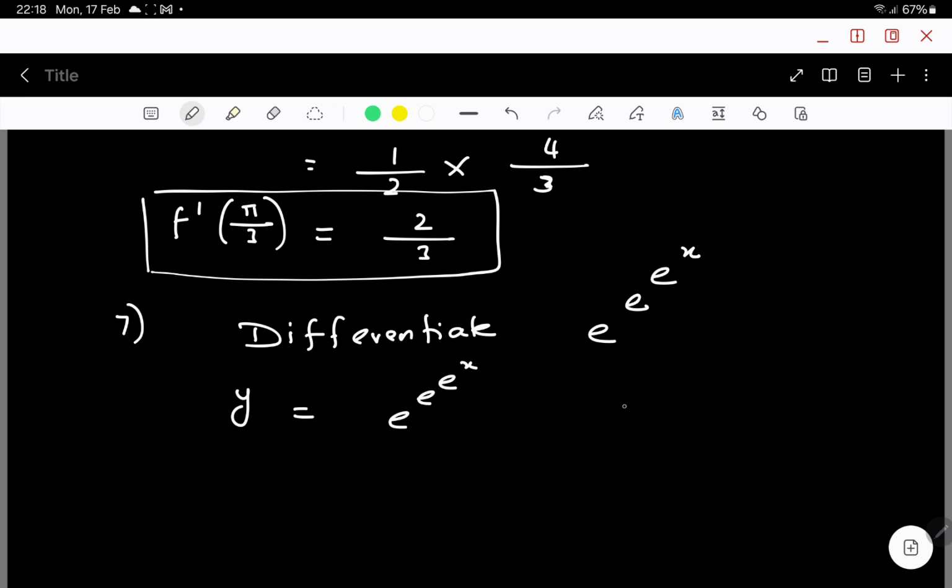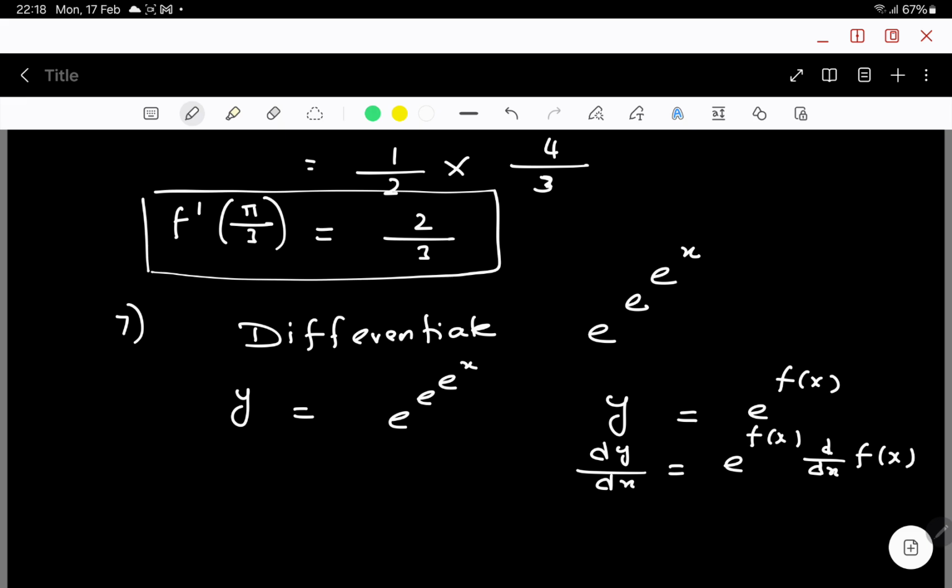What is the exponential rule here? y is equal to e power f of x, then dy by dx is equal to the exponential function as it is, into d by dx of f of x. This is the exponential rule to differentiate.